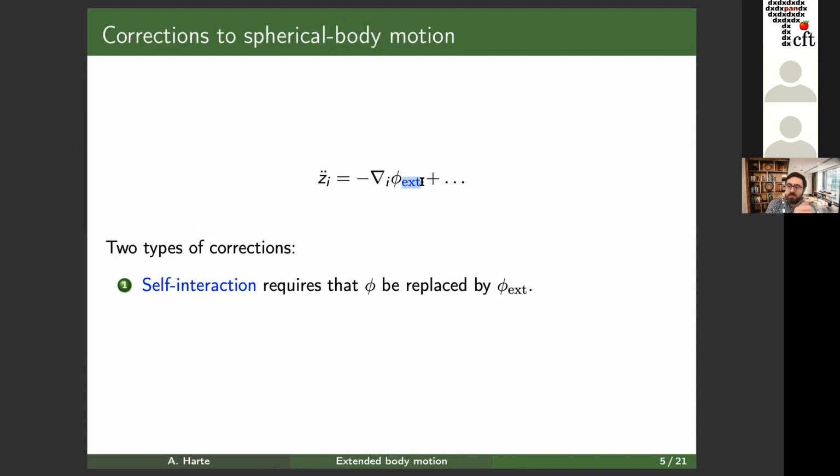So this is a non-local operation. You can't just sit in a neighborhood of the center of mass and compute this thing. You really need to know the entirety of the object that you're interested in. The reason for this is due to self-interaction effects, the fact that bodies create self-fields and these interact. But this is not something I want to focus on in this talk. So that's just some correction to the first term.